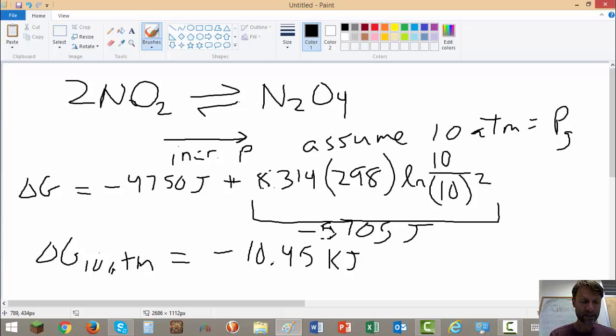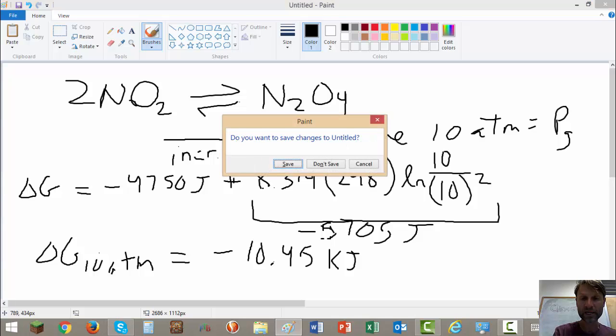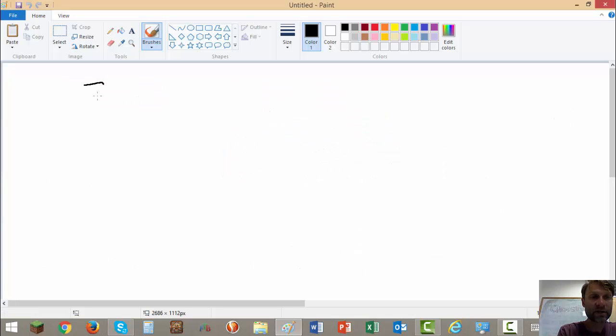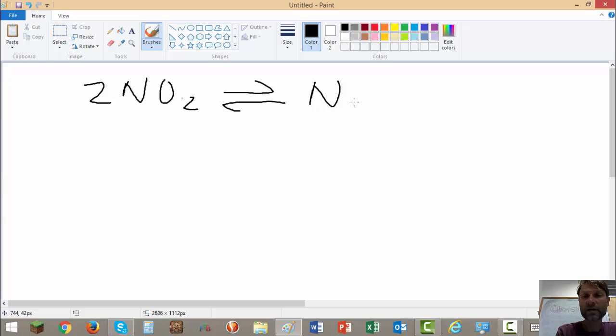But let's look at the opposite process where we lower the pressure, and we'll see that we get a completely different result. So here's our equilibrium, and now we're going to lower the overall pressure, and we'll see that the equilibrium is going to shift this way to the left because it's going to favor the reactant, which is of a higher pressure since there's 2 of them, whereas the product is at a lower pressure since there's only 1.